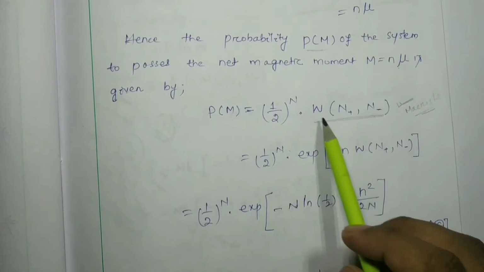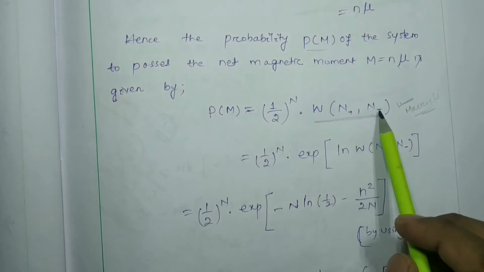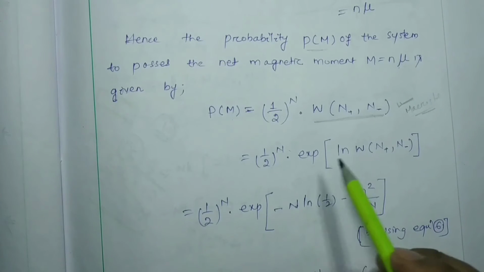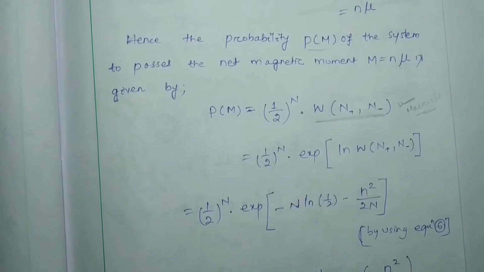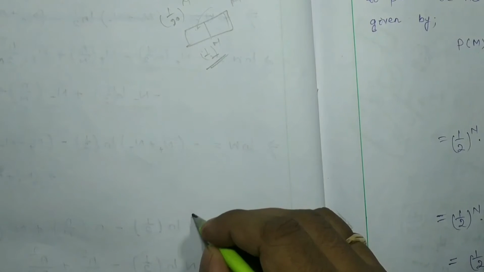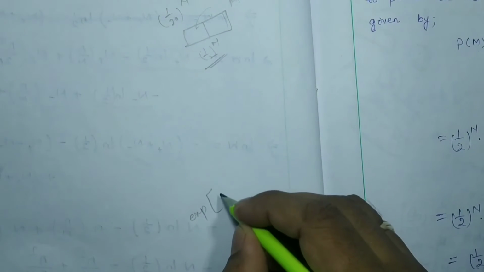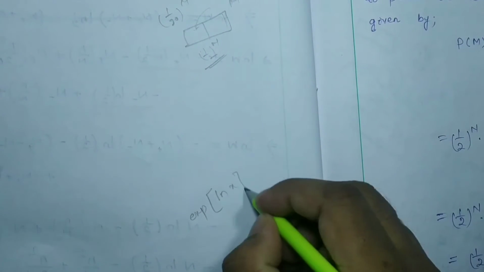So this term W(n plus, n minus) can be written as exponent of ln W(n plus, n minus), because we know that exponent of ln x is nothing but x.